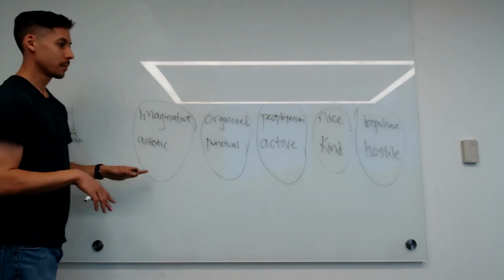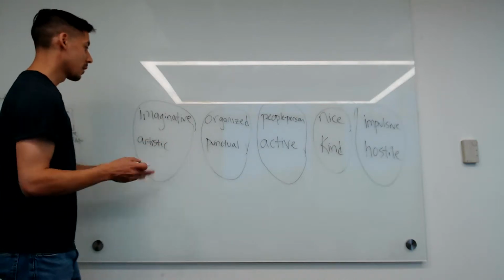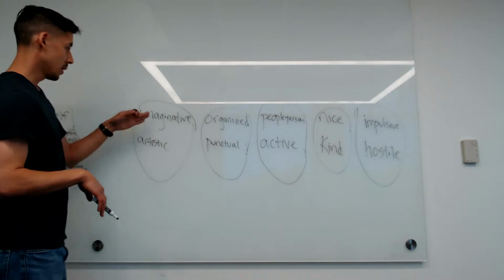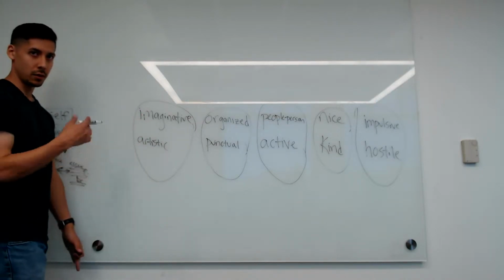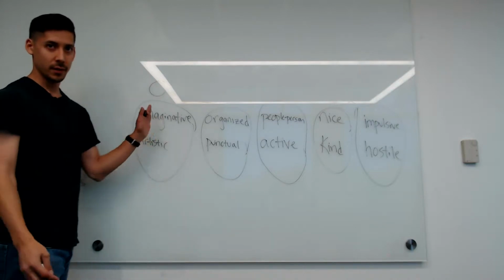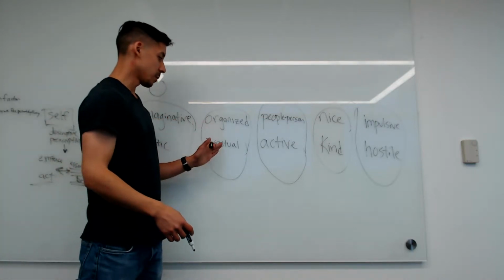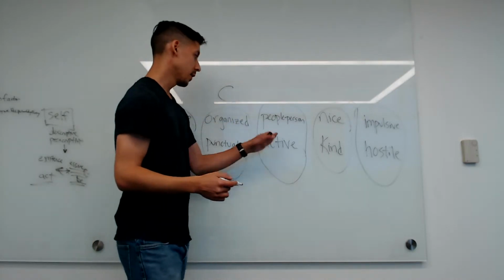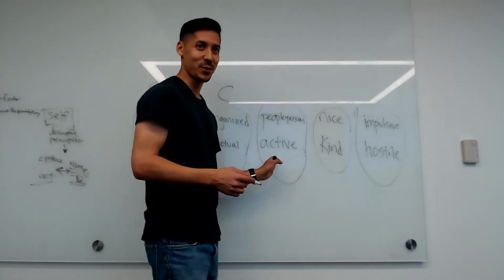But just so you're familiar with the model, the name that they gave these: imaginative and artistic people are called open to experience. So O. Organized, punctual people are called conscientious, and these are the extroverts, right?